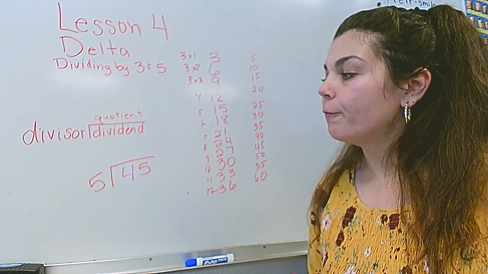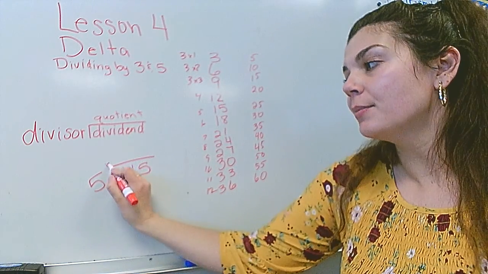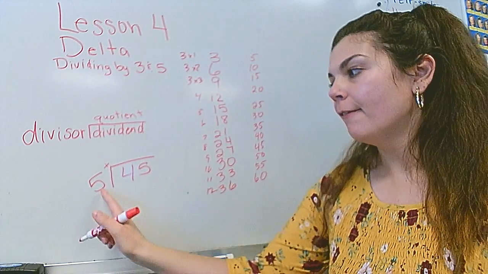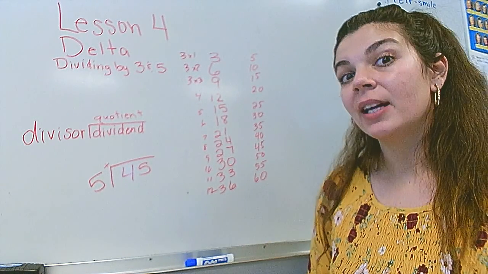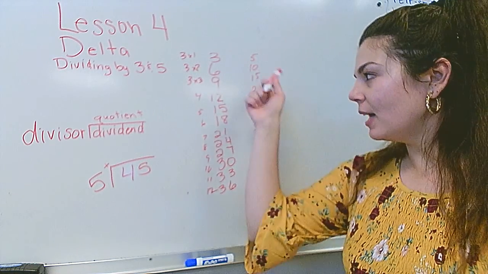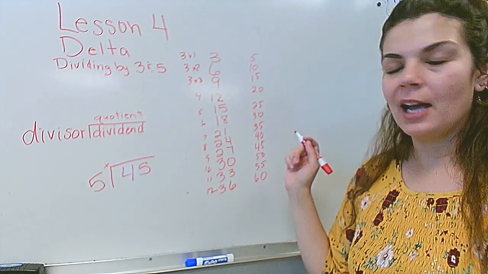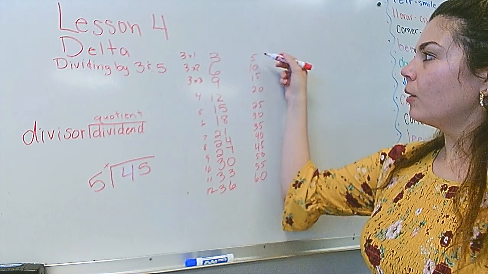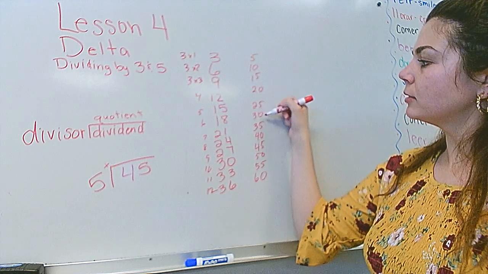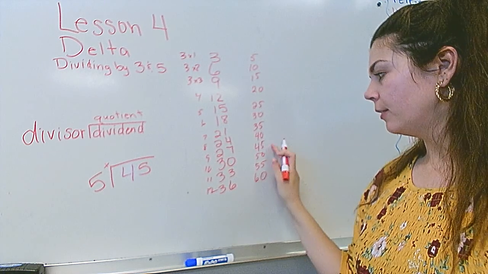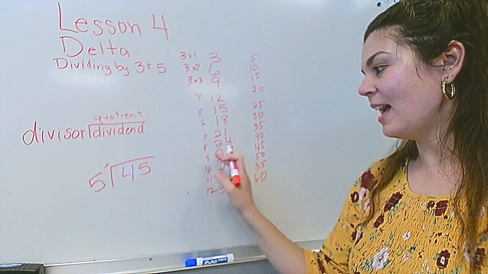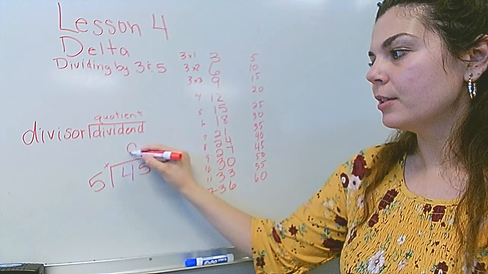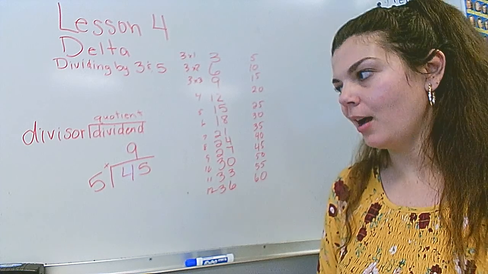All right? So 5 times our invisible times is there. 5 times what number is 45? We're lucky here to have our little chart so we can just go down. 5 times 9 is 45. So I'd put my 9 on top.